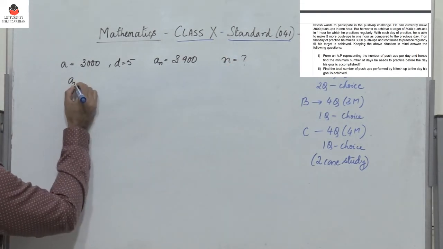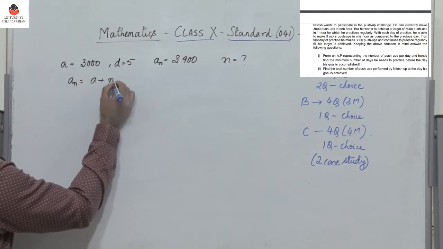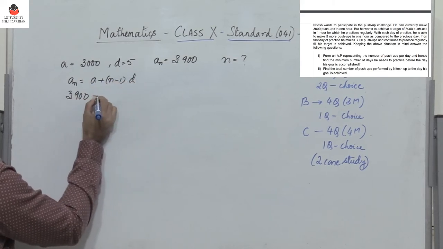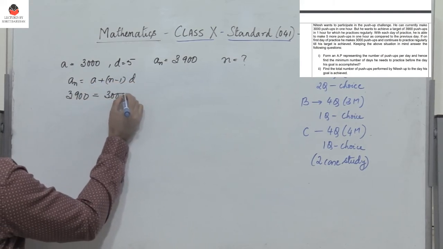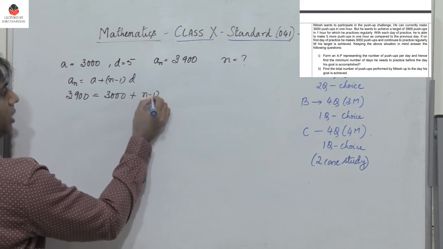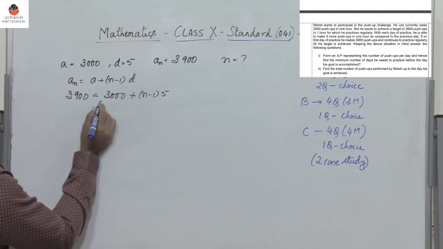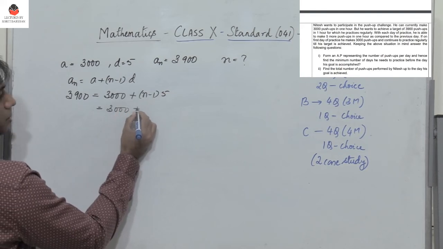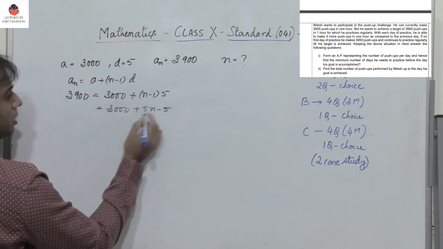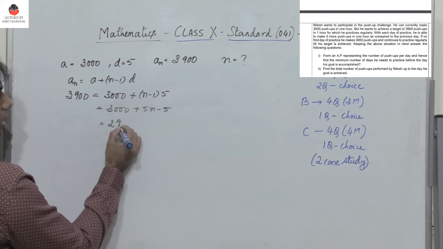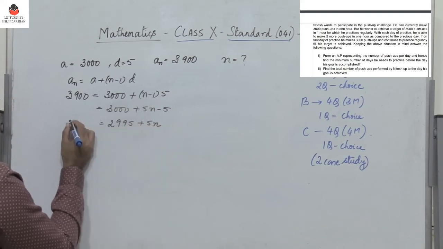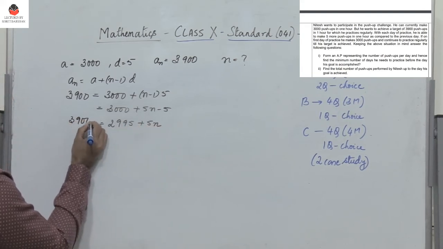So we know that AN equals A plus N minus 1 into D. So 3,900 equals 3,000 plus N minus 1 into 5. Right? So you get 3,000 plus 5N minus 5. So you get 2,995 plus 5N, and here you have 3900.